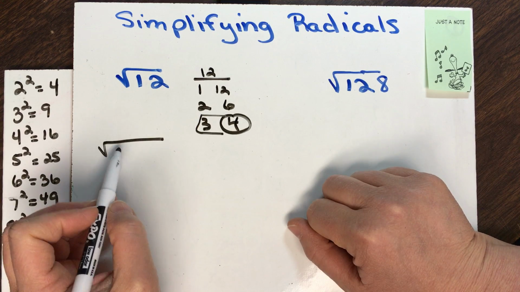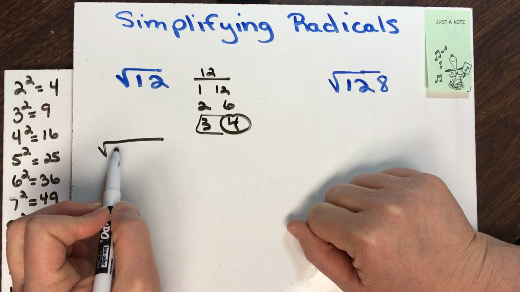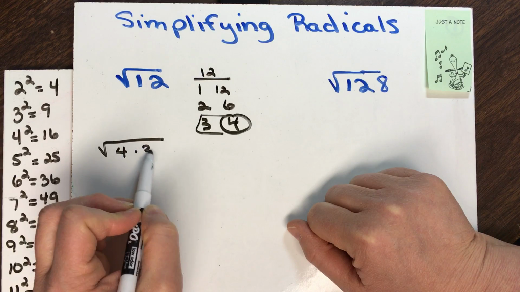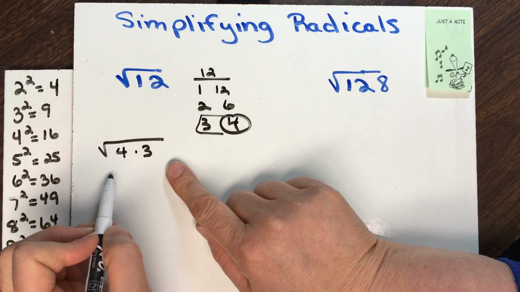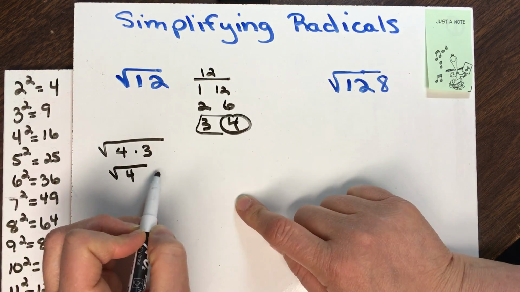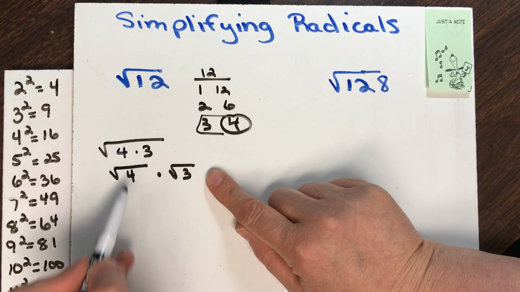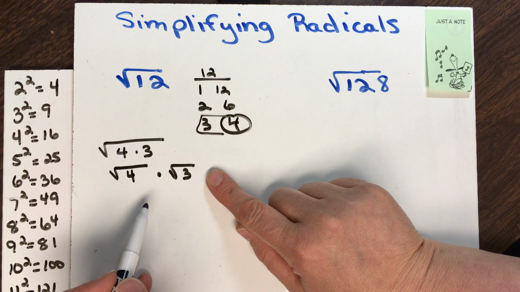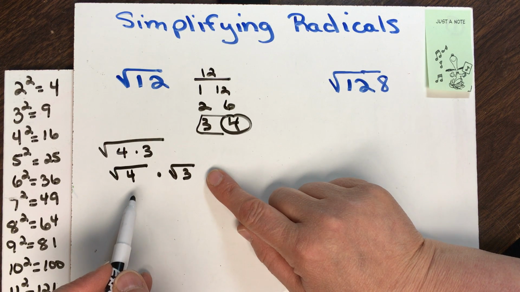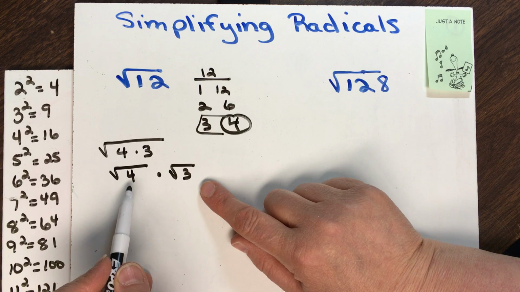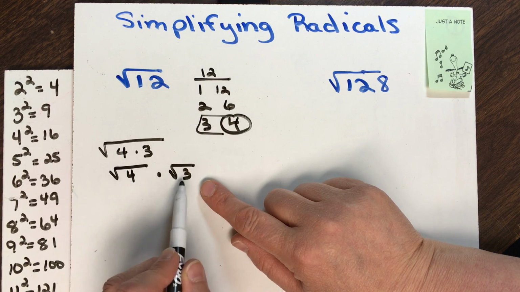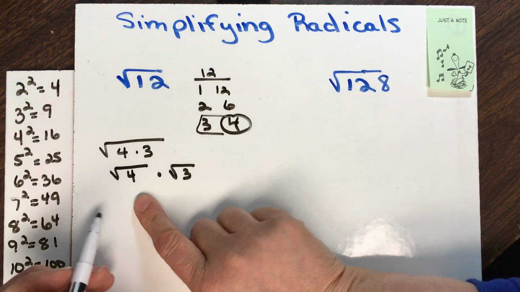And one of the properties says that we can put them in like this and then split them up into their own individual radicals. So we have a property that allows us to do this. Now I'm just going to find what my square root is of 4 and then 3. So I'm going to do them individually.